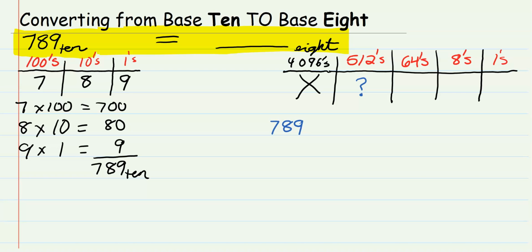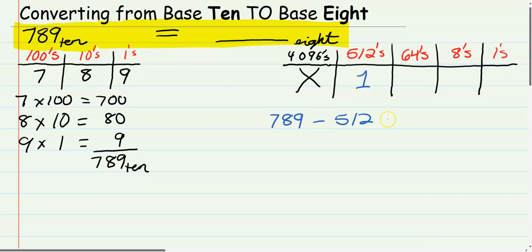You can only have one of those. So you will have one of these, and one of these is worth 512. That would leave you with 789 minus 512, which is 277.